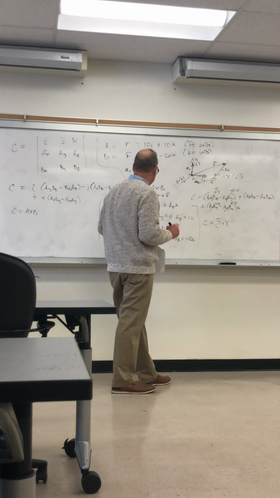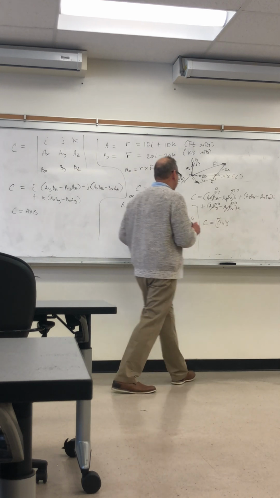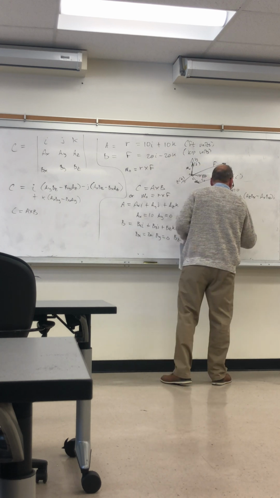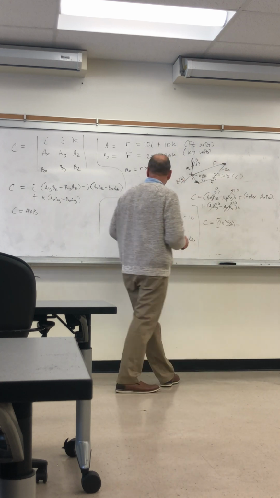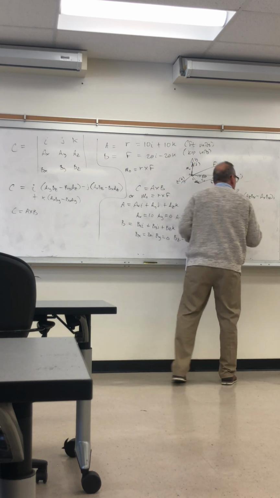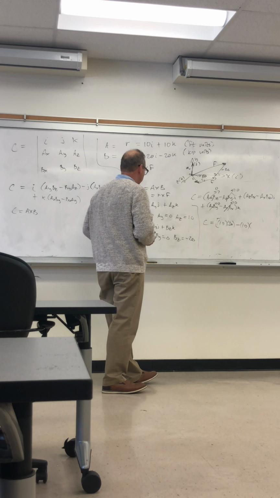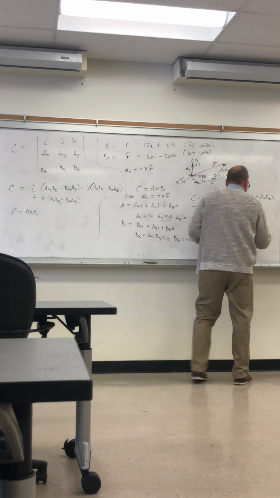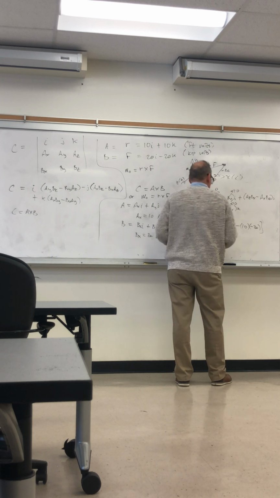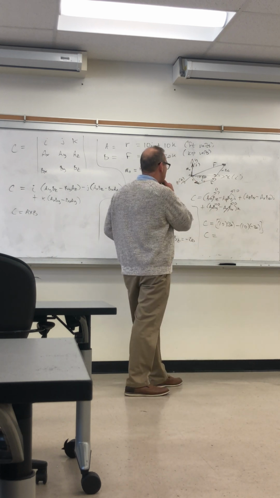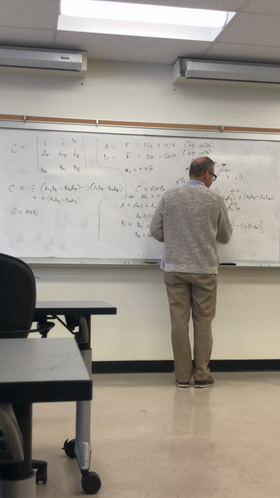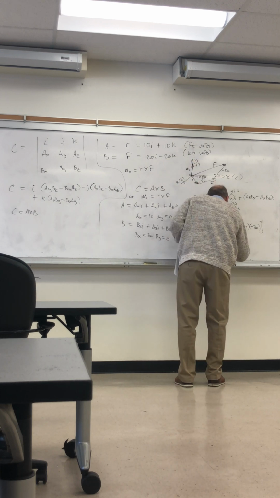Times BX, which is 20, minus AX, which is 10, and BZ, which is minus 20. So this is 200, that shows 400.